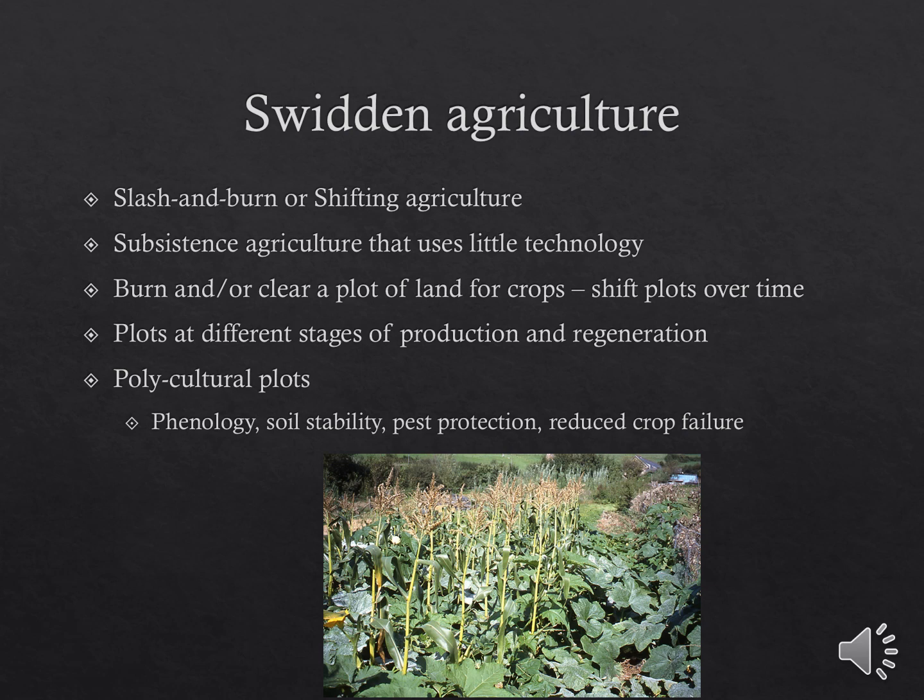And multiple crops does something else. Having multiple species of plants growing together, not only do you have different phenology, soil stability, but also having different crops means you reduce risks. Now, this can be in terms of pests or anything that might lead to crop failure. That could be a disaster if you only have one crop, a monocultural crop.